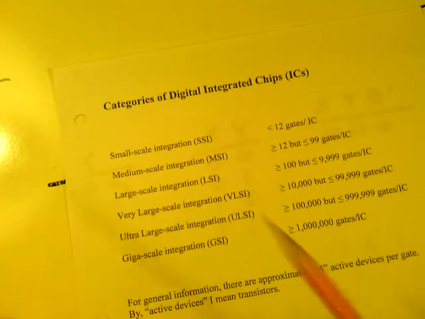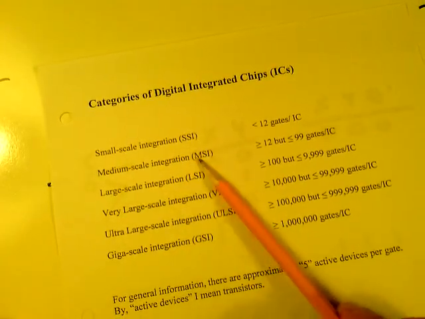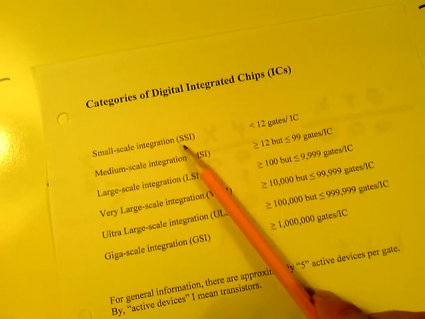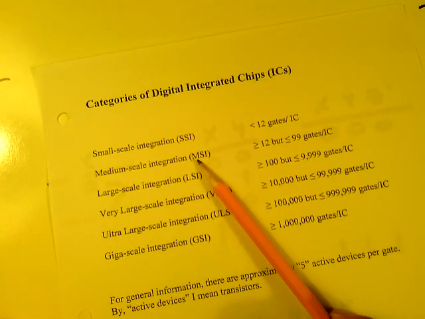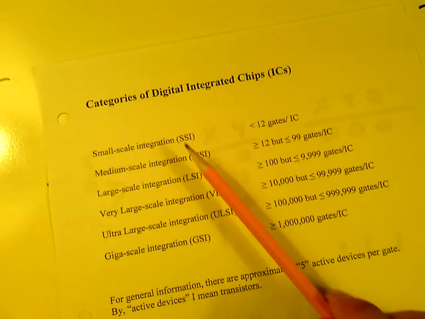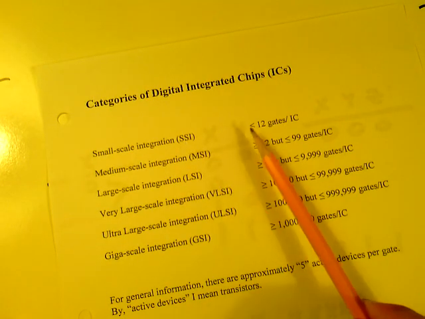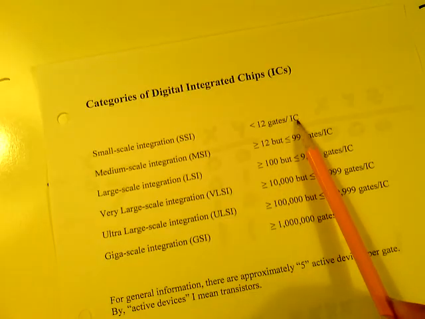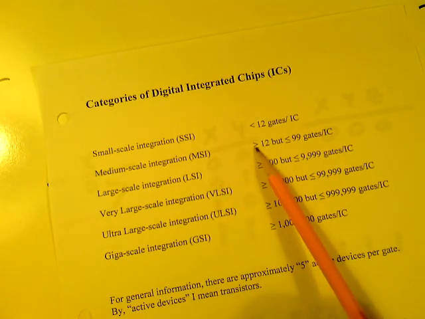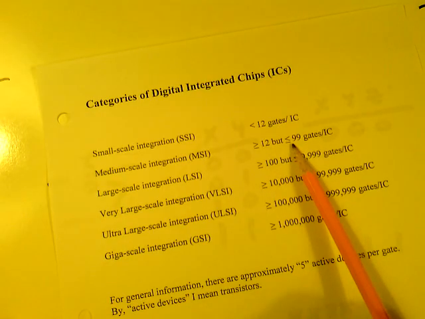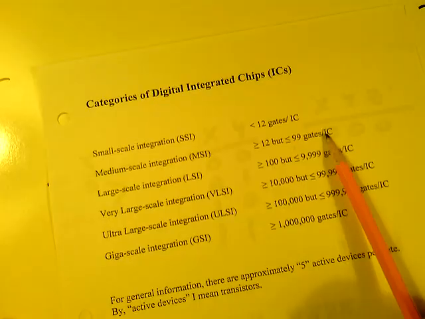And then the last page we're going to look at in this lecture is small-scale integration, medium-scale integration. This is what we're going to be working with this semester, these 2 here. Small-scale integration is less than 12 gates in an IC, an integrated circuit package. Medium-scale integration is greater than 12, but less than or equal to 99 gates in the integrated circuit package.